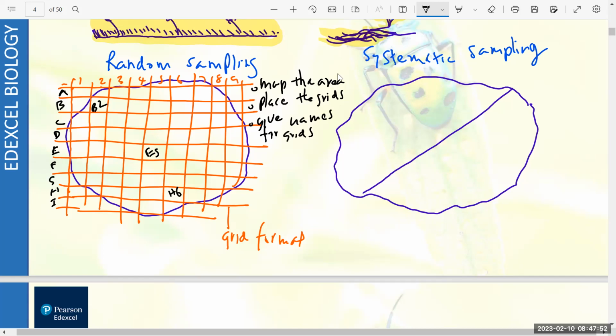When we have all the names of the grid, we're going to pick random areas, right? So how do we do that? We can use a random number generator.